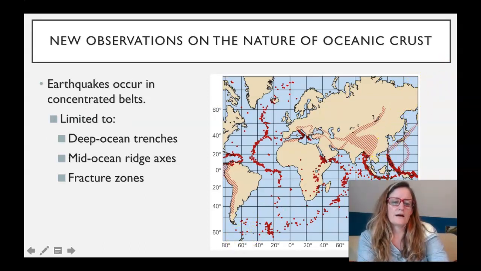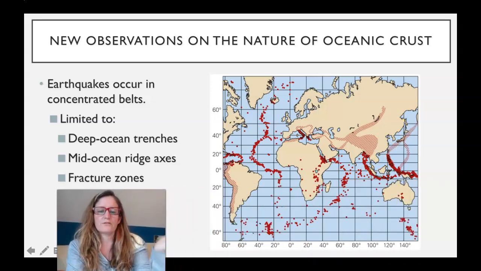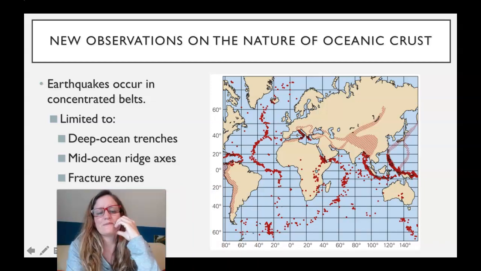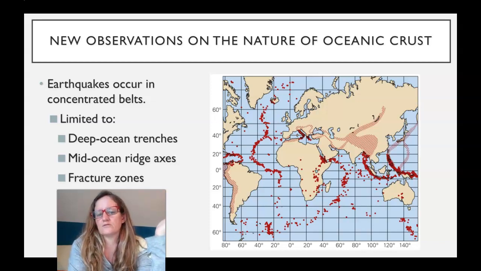If you map out earthquakes on a map of the earth here, that's not all of the earth, but yeah, the map shows kind of like a dot to dot. If you were to connect those dots through the mid-Atlantic, you would be basically tracing the mid-ocean ridge.